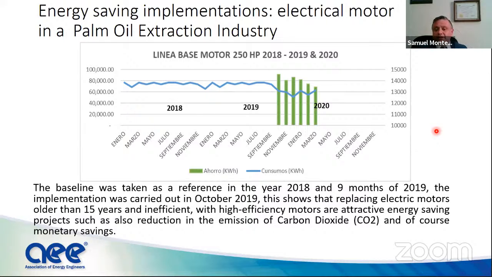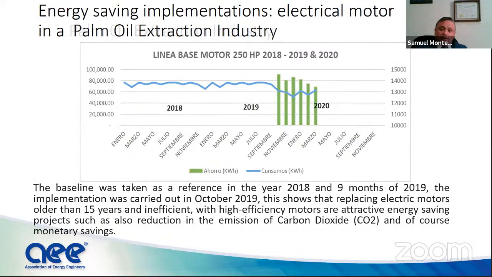This showed that replacing electrical motors older than 50 years and inefficient with high efficiency motors are attractive energy saving projects, as is also the reduction of carbon dioxide, CO2, emissions. If you look, this is the saving in the green bars. This one is the baseline.